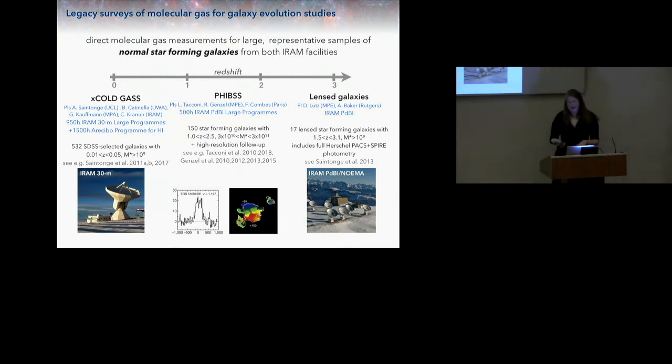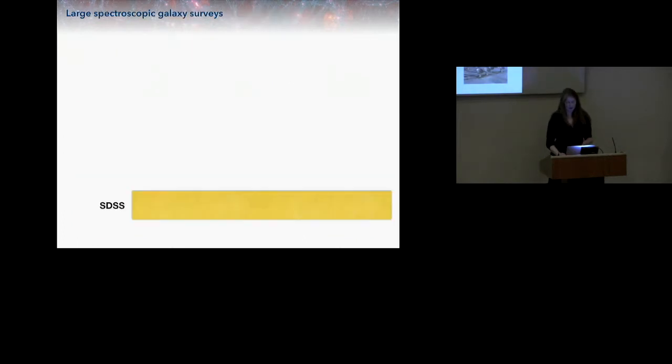I've been very lucky to have had the chance to be involved with some of the very best and very largest surveys for cold gas in large samples of galaxies. We've done these surveys with these telescopes, which are run by the IRAM Observatory. And they've allowed us to get a complete view of gas across the local galaxy population.